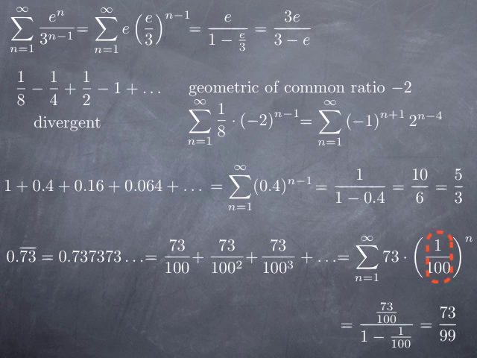And therefore we get the first term, which is 73 hundredths, divided by 1 minus common ratio 1 over 100. Writing the bottom as one fraction, we get 100 minus 1 over 100, that's 99 hundredths. So we get 73 hundredths divided by 99 hundredths, that's 73 over 99. In other words, here we have written this decimal number as a fraction.